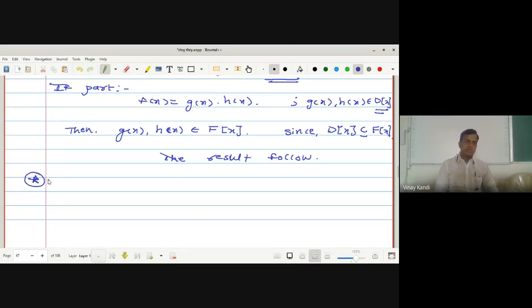The first theorem in that. Okay, what is the next point? Factorization in capital F of x.